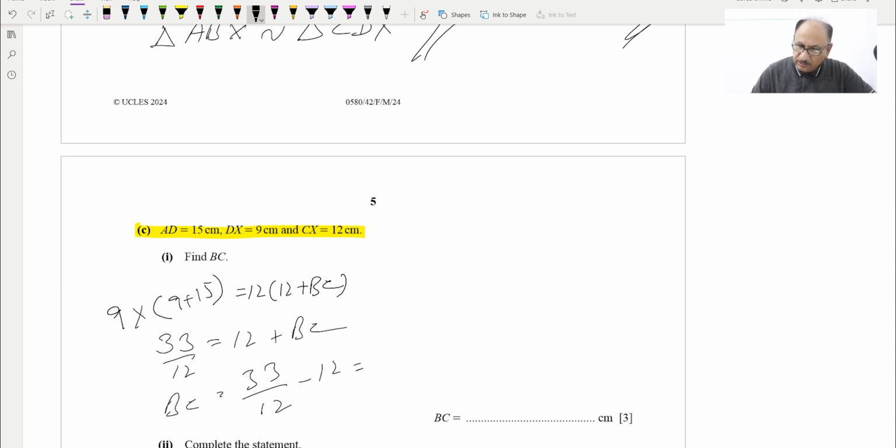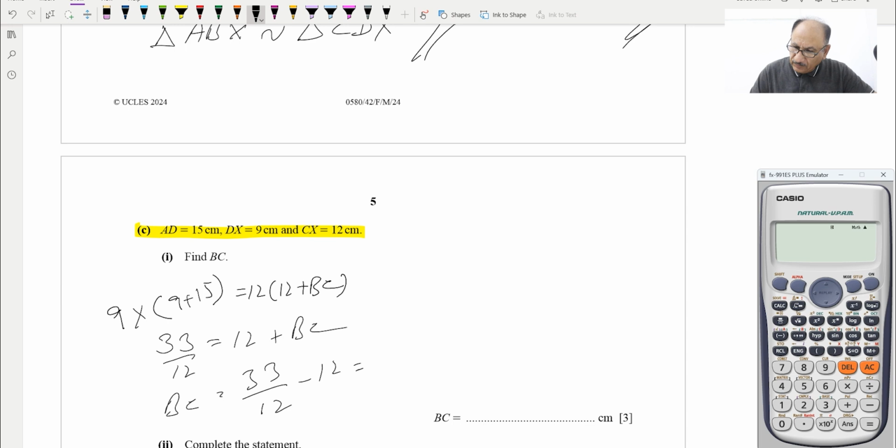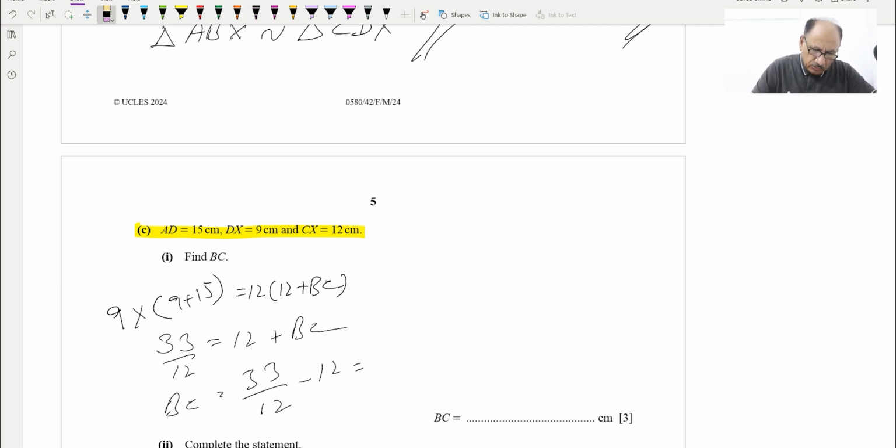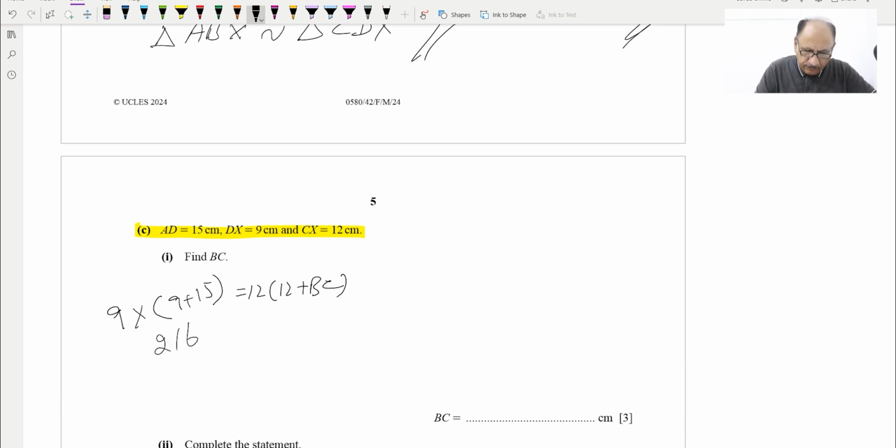So we can recalculate. This will be 9 multiplied by 9 plus 15, and this will be resulting to 216. So we will change this all. So this will be 216, and divided by 12 is equal to 12 plus BC.